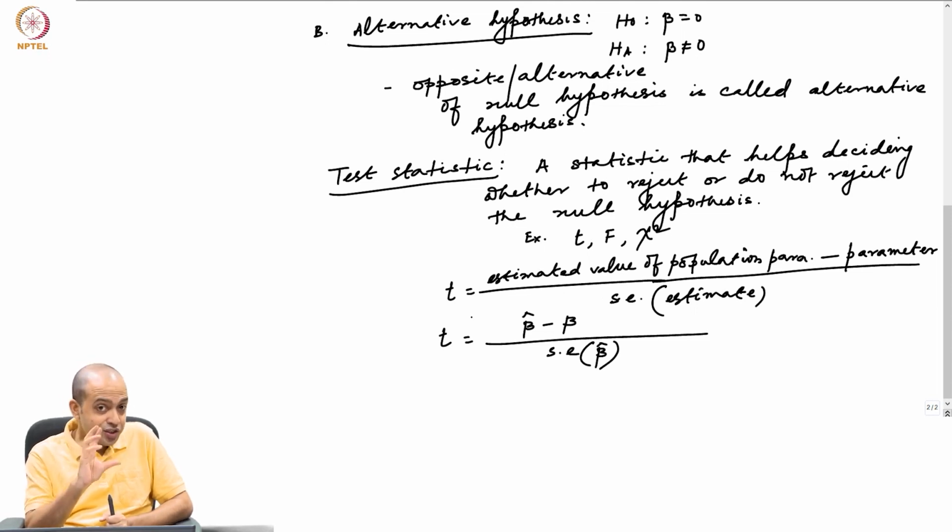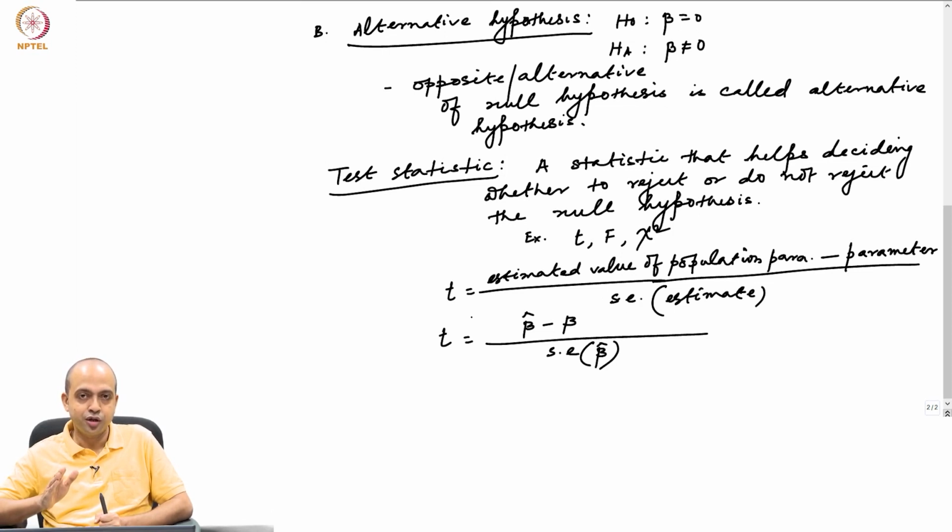Since your null is saying that there is no difference, and our numerator is based on the difference between beta hat and beta, the higher the difference between these two, the larger the value of t, and the more information we would gather to say that yes, there is a significant difference between the population parameter and the sample statistic.